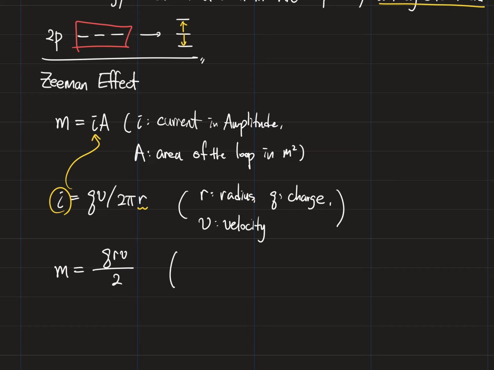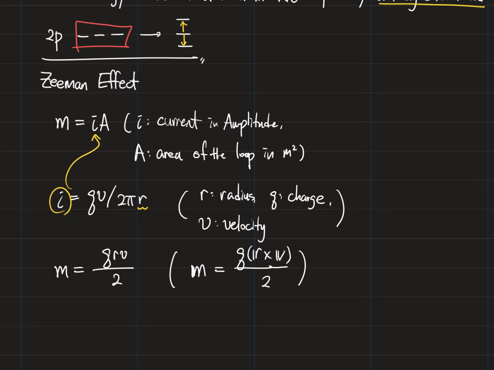But if you want to generalize this expression for any case, not just for the circular orbit, we are going to introduce the vector quantity, the magnetic dipole m bold. Bold is for the vector quantity, Qr v divided by 2.